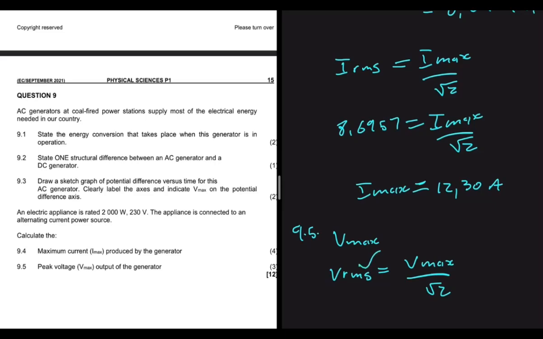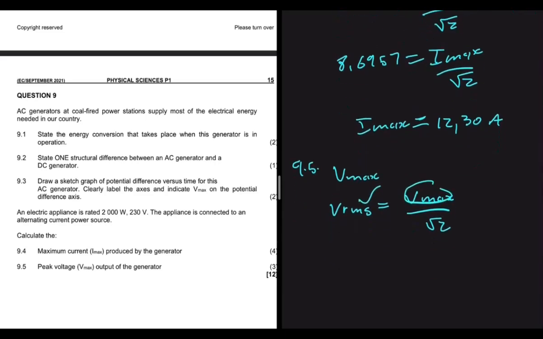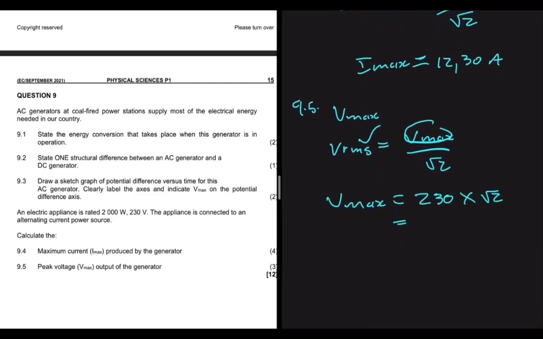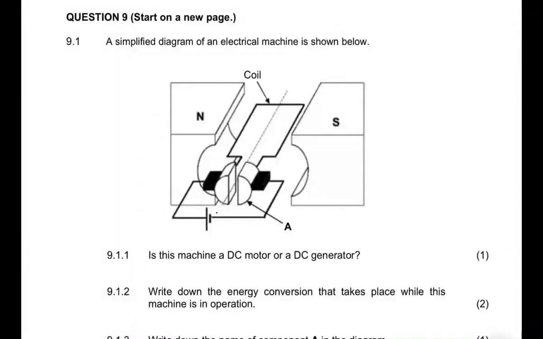We have VRMS, which is 230. Now we're looking for Vmax, right? So Vmax will be equal to 230 multiplied by the square root of 2. And if you do that arithmetic, we get 325.27 volts.